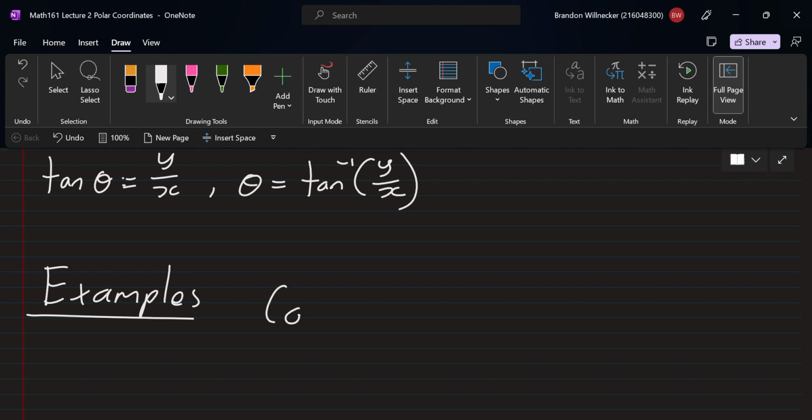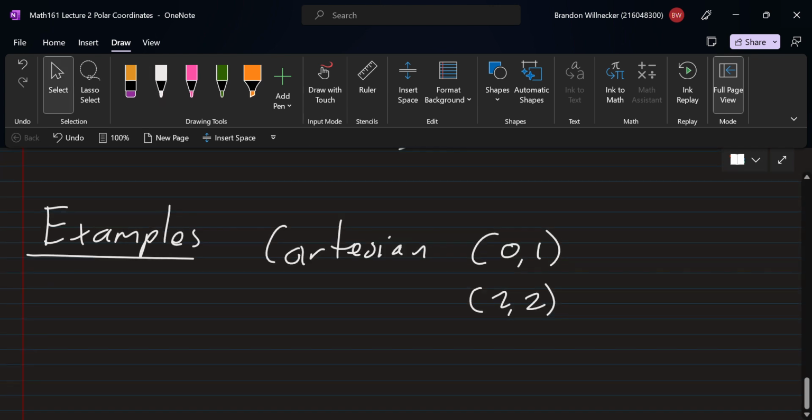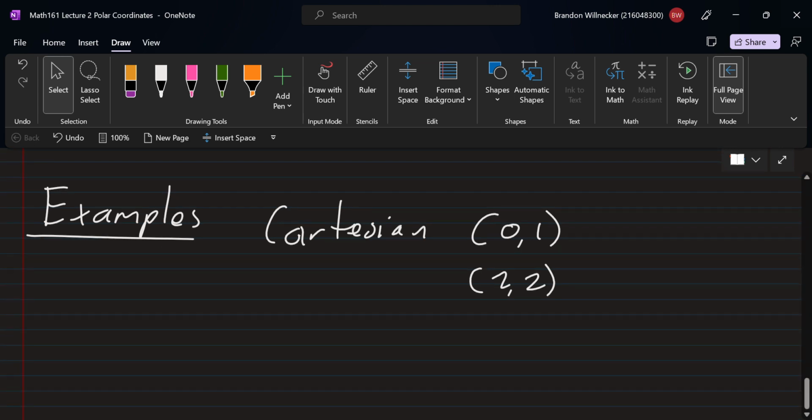Okay, so let's say we've got the following Cartesian points. Okay, so we've got two Cartesian points. The first one is (0, 1), and the other one is (2, 2). Okay, just some easy examples. This is in Cartesian. What will it be in terms of polar? So if we want to go to polar, (0, 1).